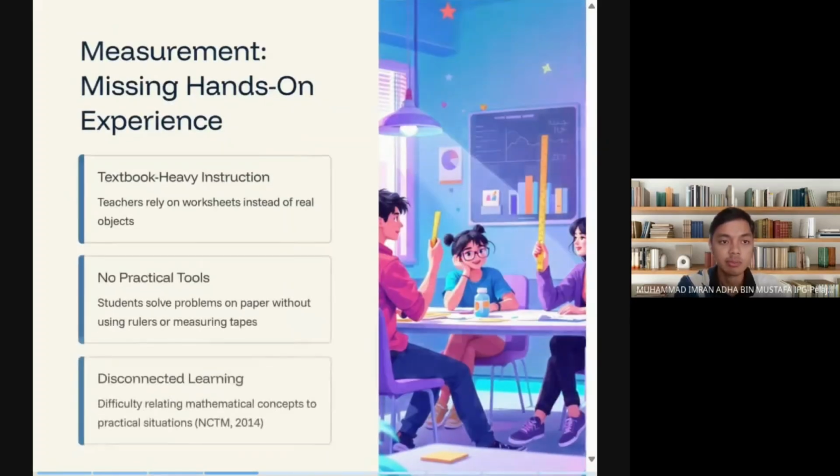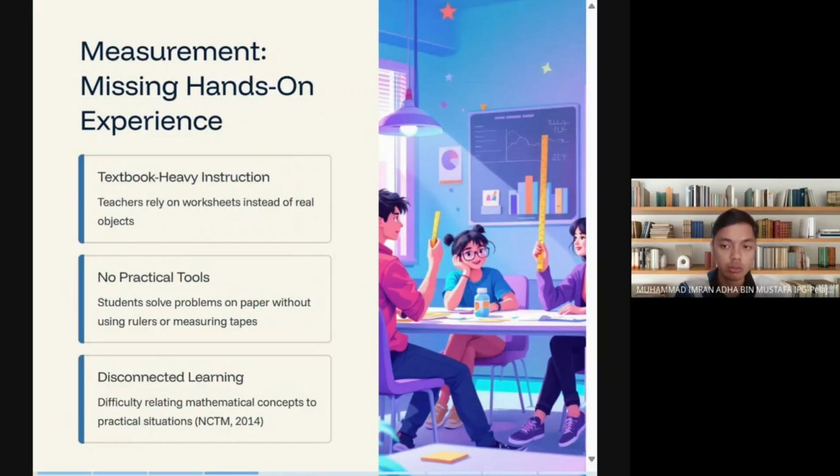Another issue related to measurement is the lack of hands-on learning experience in the classroom. When teaching measurement, some teachers rely heavily on textbooks and worksheets instead of allowing their students to interact with real objects. For example, students may solve measurement problems only on paper without even using a ruler or measuring tape.